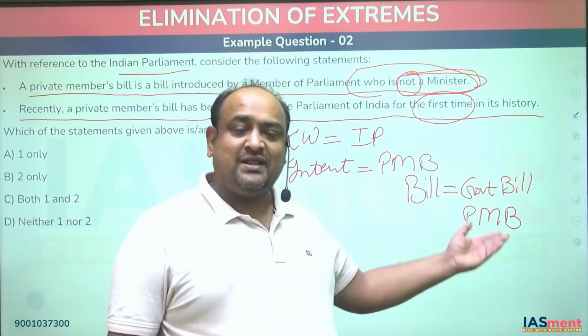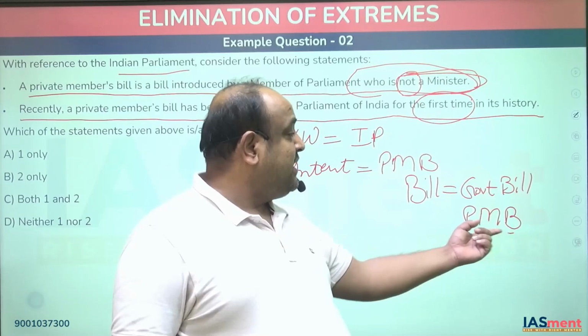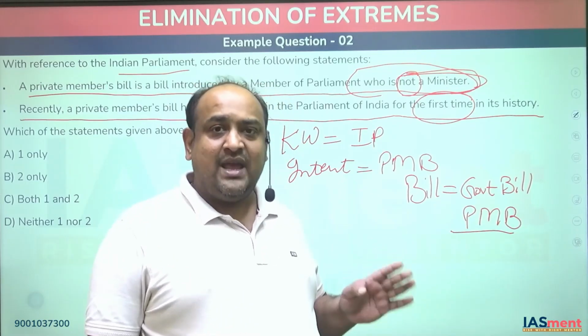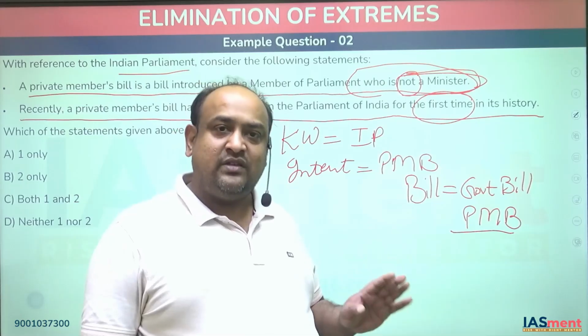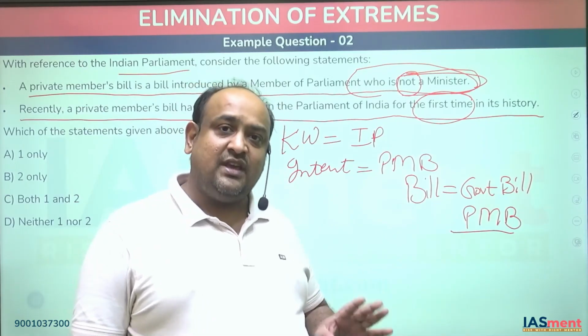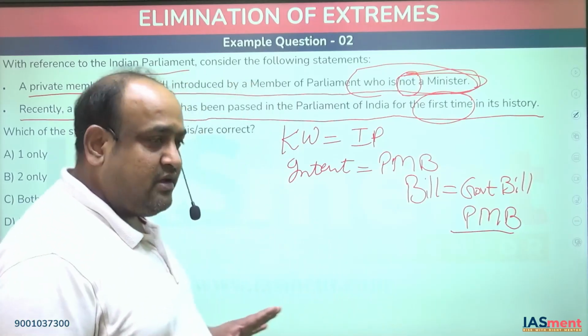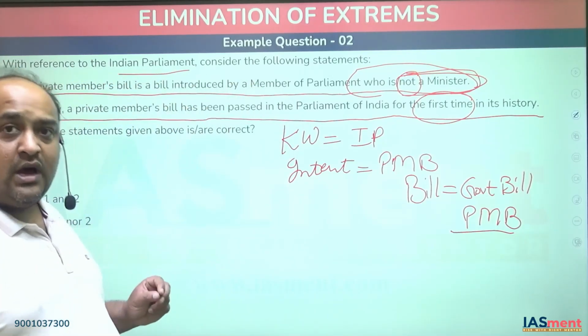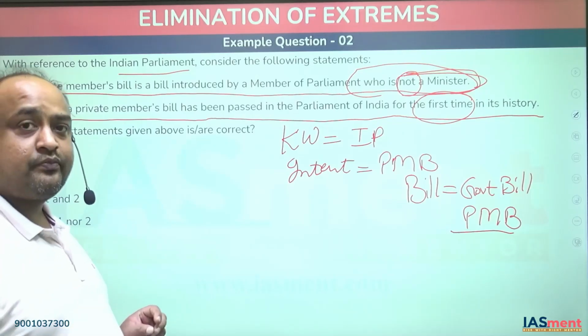So we already know that a private member bill is a bill which is presented by a person who is definitely a member of parliament. Yes, he is a member of parliament, but he is not a minister in the government.